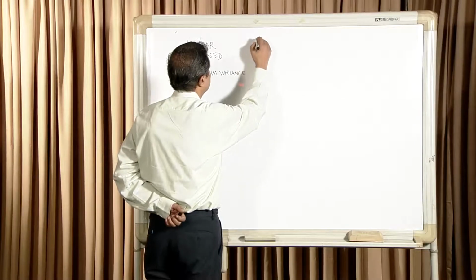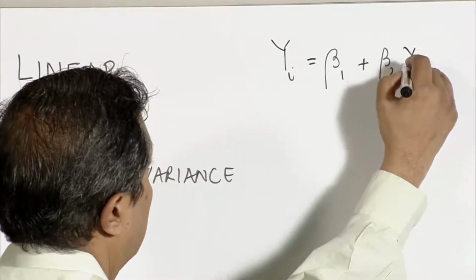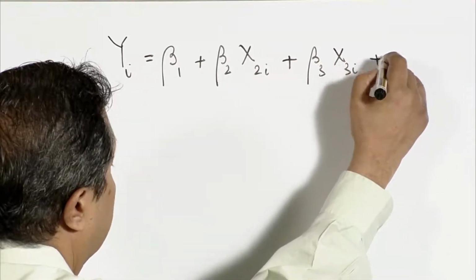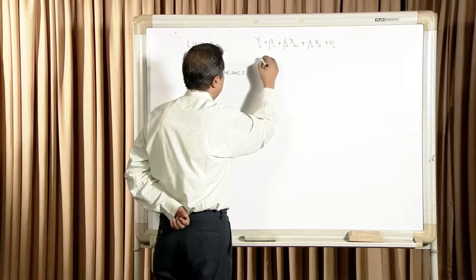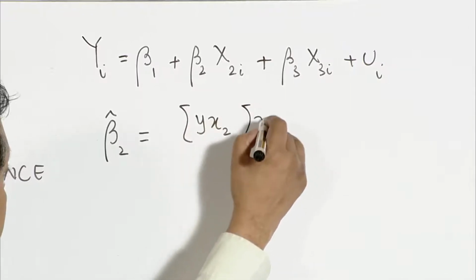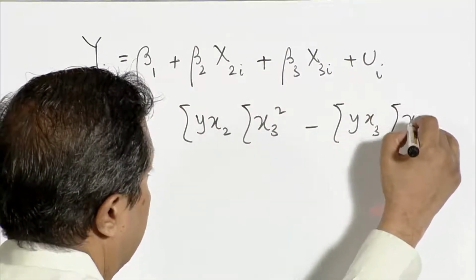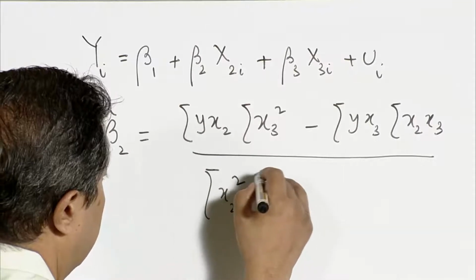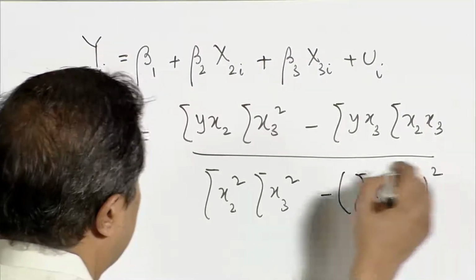So, the 3 variable model is yi is equal to beta 1 plus beta 2 x2i plus beta 3 x3i plus ui, and already we have seen the estimate beta 2 hat is equal to summation y x2 times summation x3 square minus summation y x3 times summation x2 x3, all upon summation x2 square times summation x3 square minus the summation x2 x3 whole square.